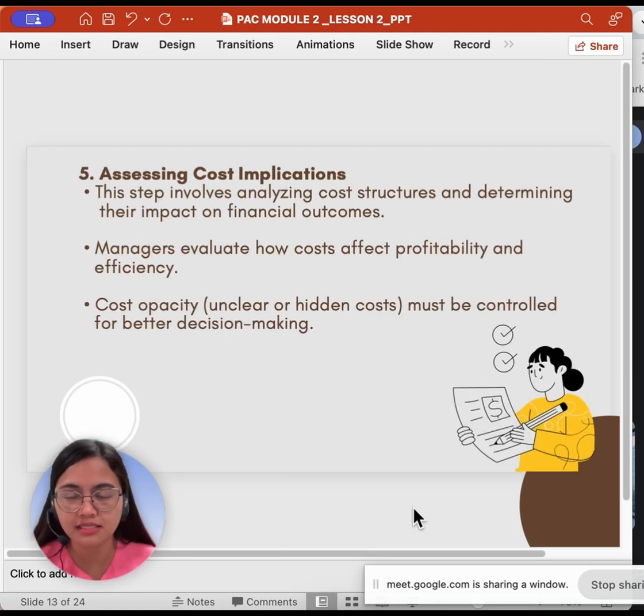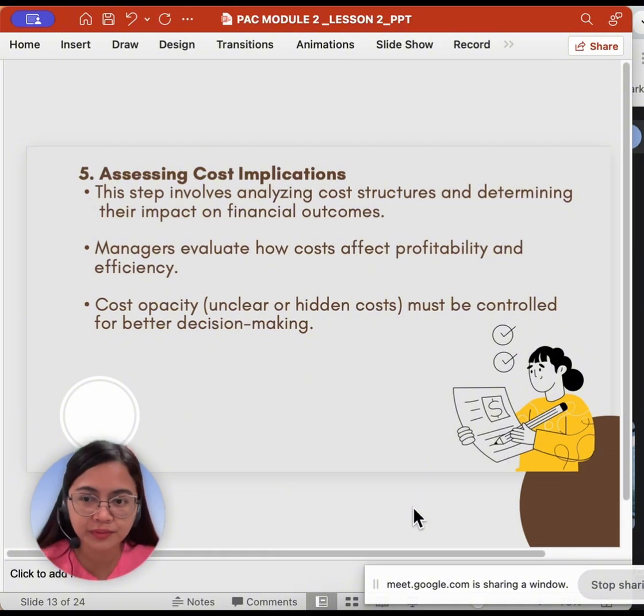Okay, next is assessing cost implications. This step involves analyzing cost structures and determining their impact on financial outcomes. Managers evaluate how costs affect profitability and efficiency.